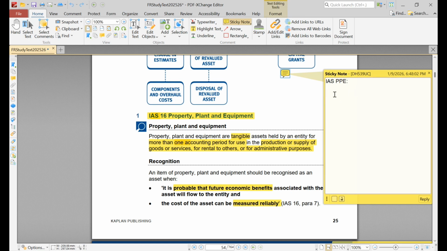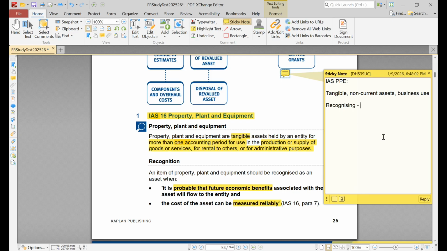This would include tangible non-current assets and it should be for business use. This is the definition. Second, how would you recognize the asset? What is the criteria for recognizing?